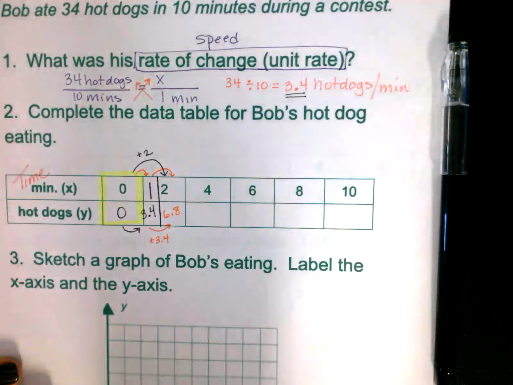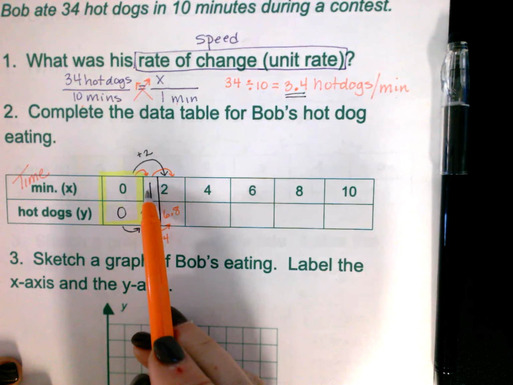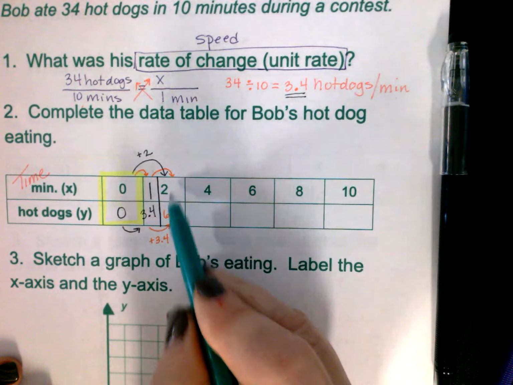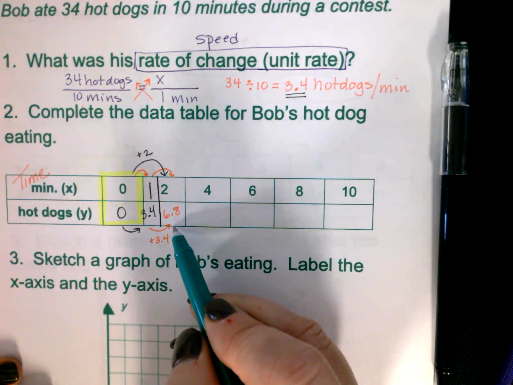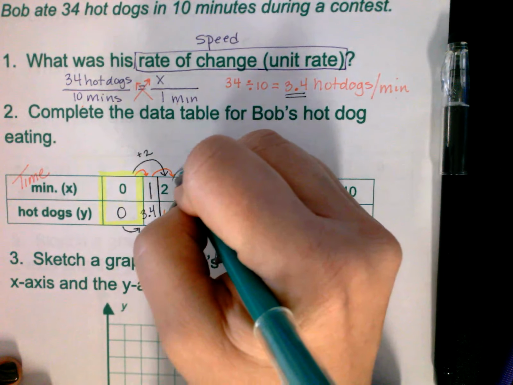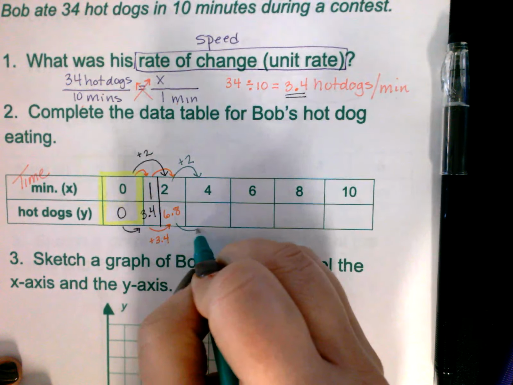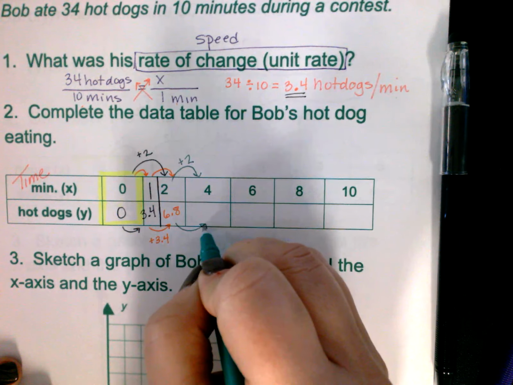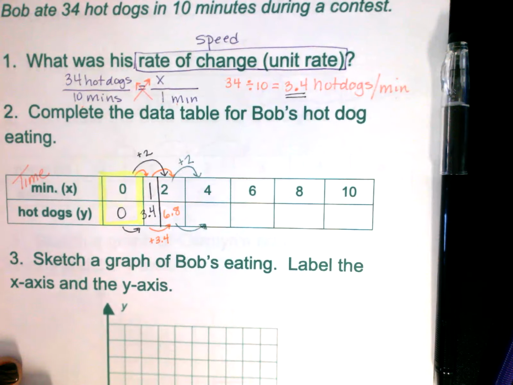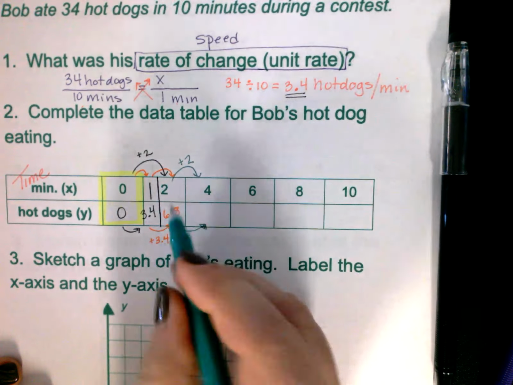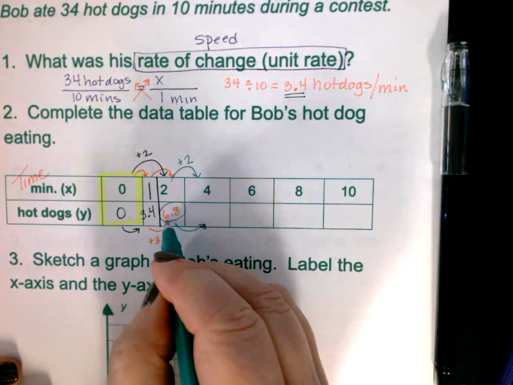Okay, now that we know what we did is we just kind of took this and then we doubled it. Let's think about this. So if in 2 minutes he can eat 6.8 hot dogs, if I add 2 more minutes of eating, would I add 3.4, or do you think I should add the 6.8?